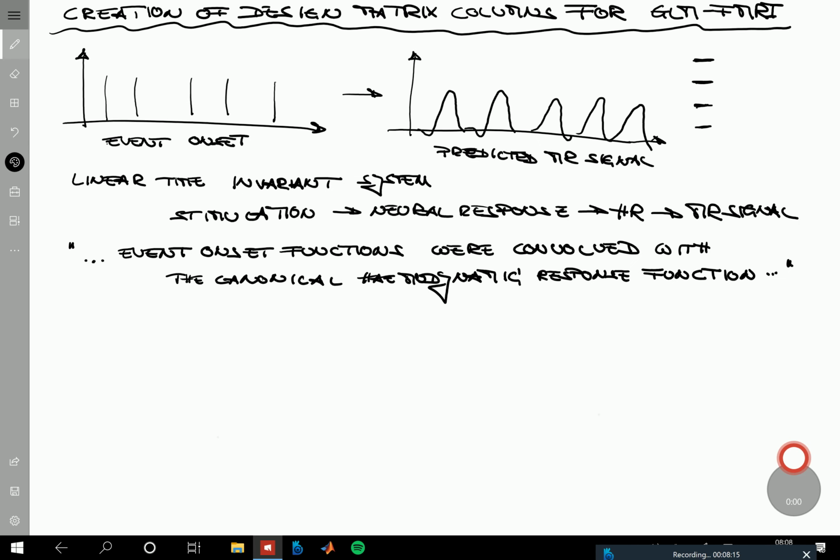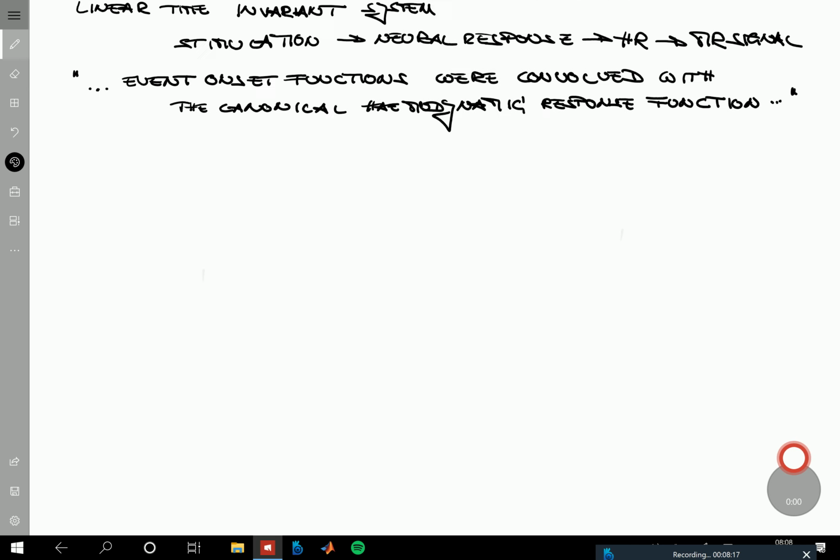Good. And to do this, we will basically go a little bit into the theory of linear time invariant systems.